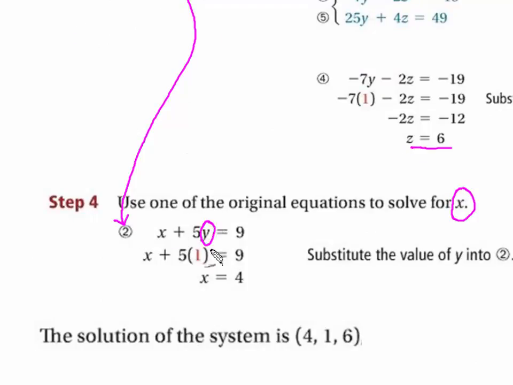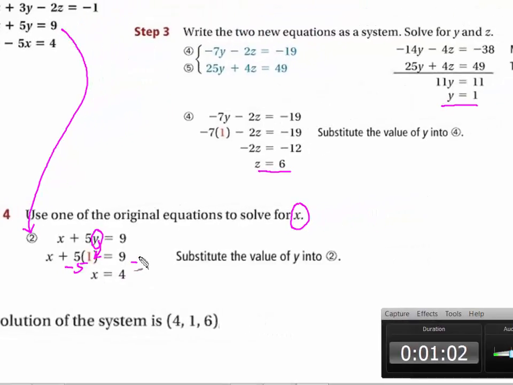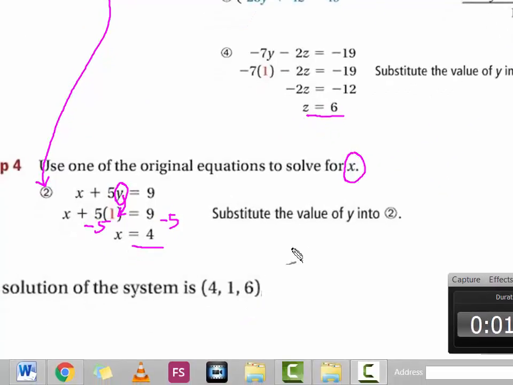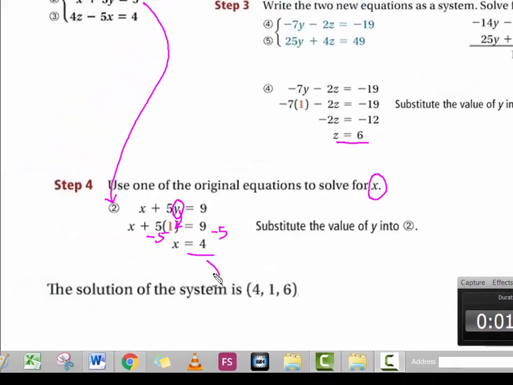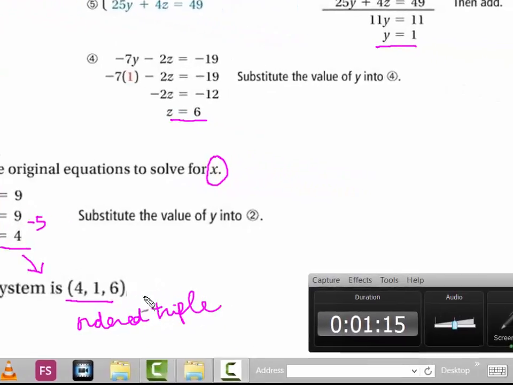Because y equal to 1, I substitute y equal to 1 right here. And then x plus 5 equal to 9, so minus 5. I isolate x, x equal to 4. And we're done. The solution has to be written as an ordered triple like this. And then we're done.